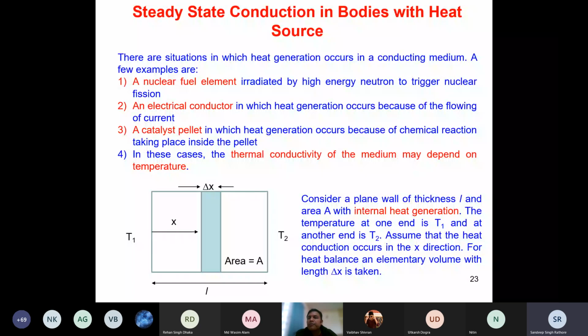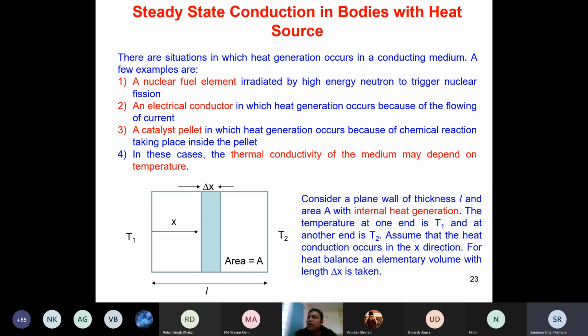Even in a current flowing wire, the electrical current is dissipated to generate heat, and that will be dissipated out in a radial direction, isn't it? Such cases are commonly seen in real life applications. So we said, can we look at such situations? So we added one more complication, and that is heat generation in the medium.